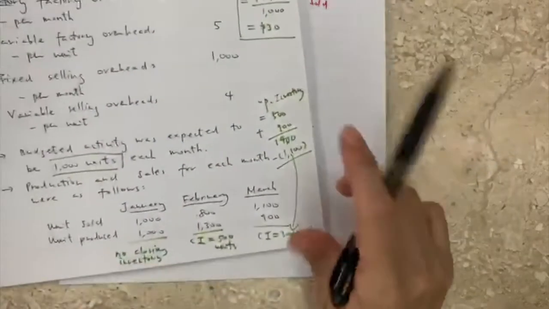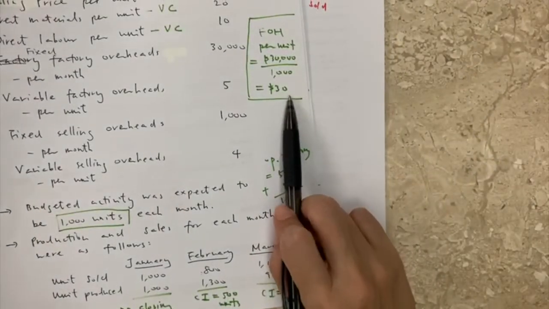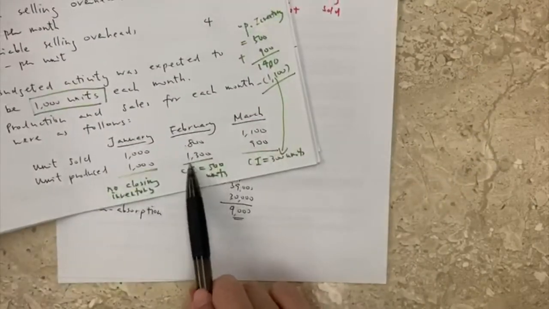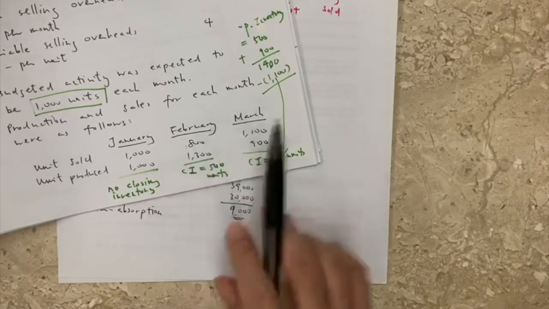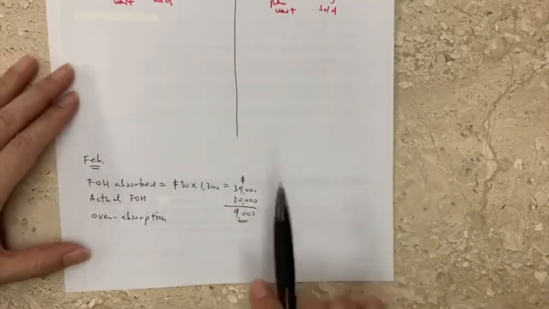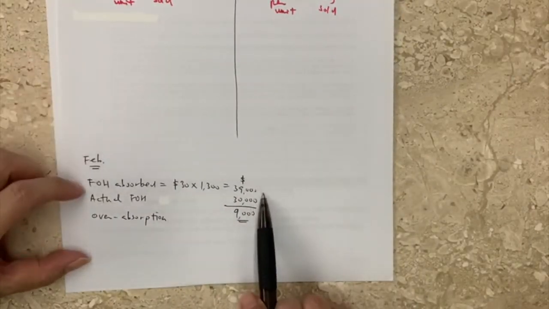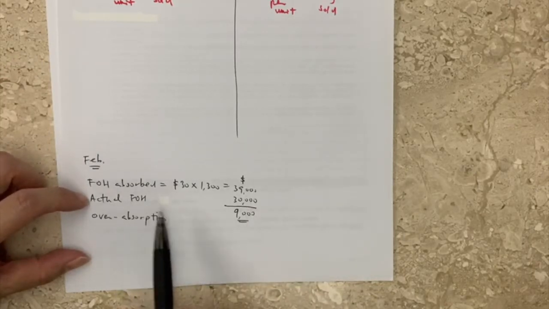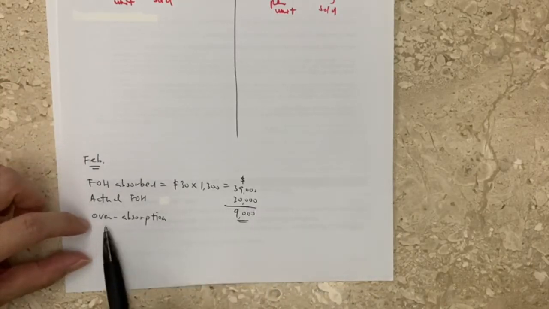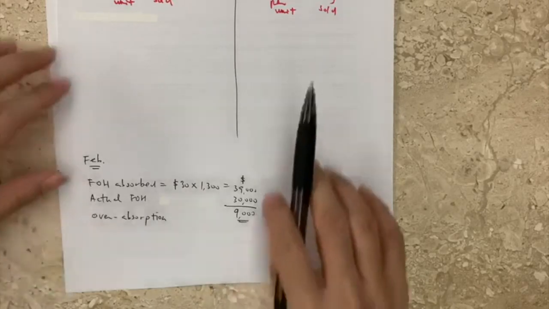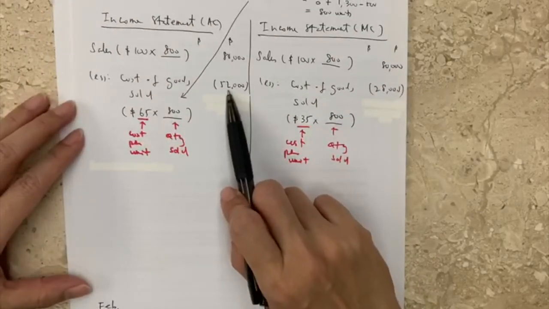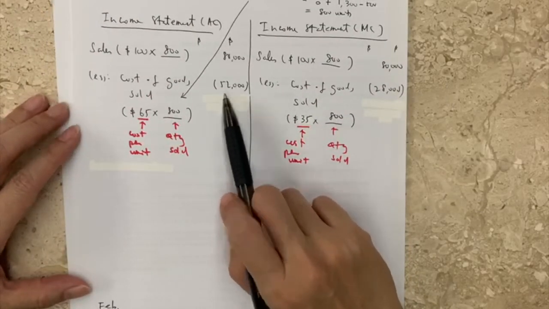So here we have this FOH per unit, which is 30, times units produced, so that would be 1,300. All right, so here we have 39,000, which is too much because the actual factory overhead is only 30,000, so that we have over absorption of 9,000. All right, so this here is overstated because of overhead absorption.